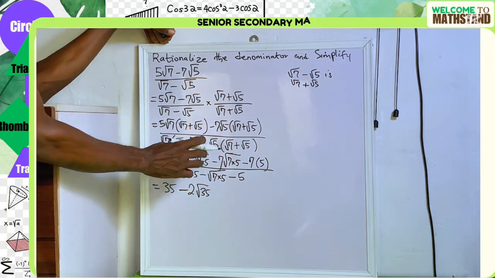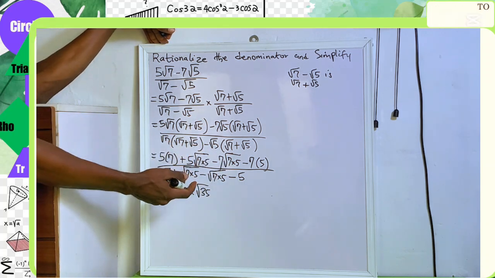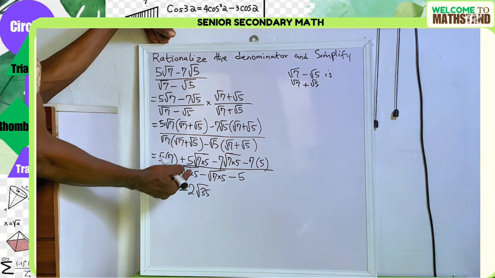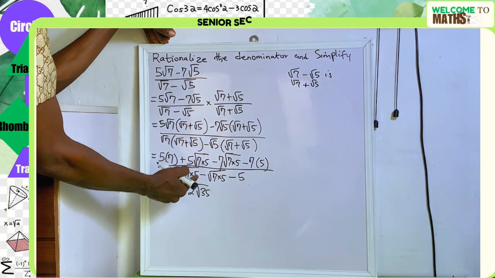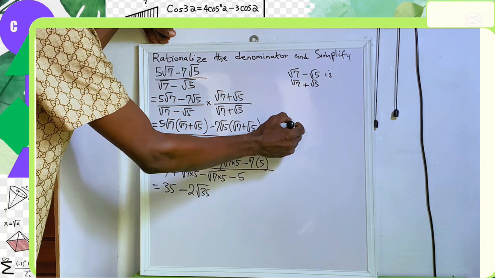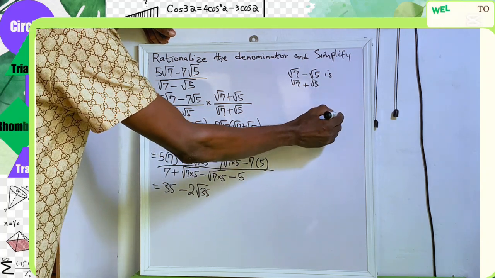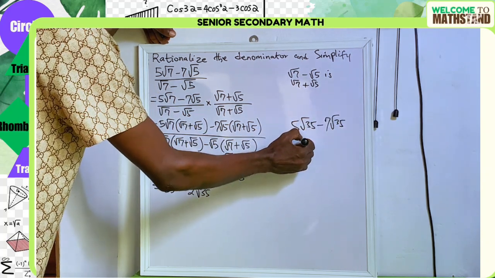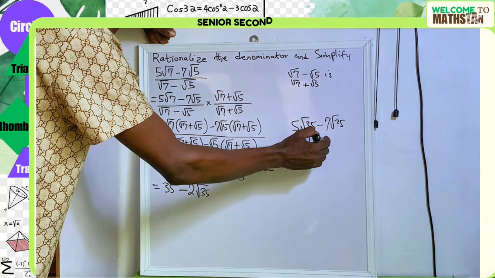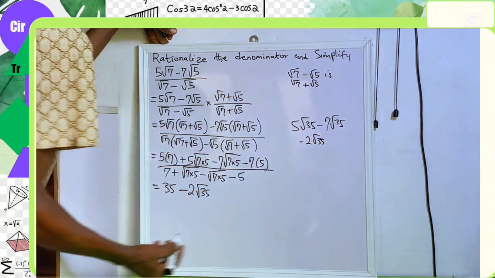Remember, this one is not multiplication, this one is subtraction, so you will not rationalize it. 7 times 5 is 35. So 5√35 minus 7√35 would be minus 2√35. It does not rationalize.